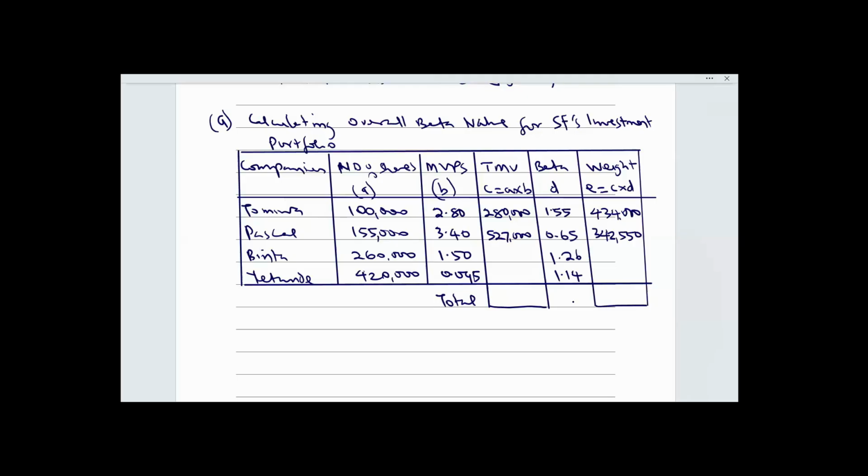Then 260 multiplied by 1.5 is 390,000. 390 multiplied by 1.26 is 491,400. The last one, 420 multiplied by 0.095 is 39,900. 39,900 multiplied by 1.14 is 45,486.